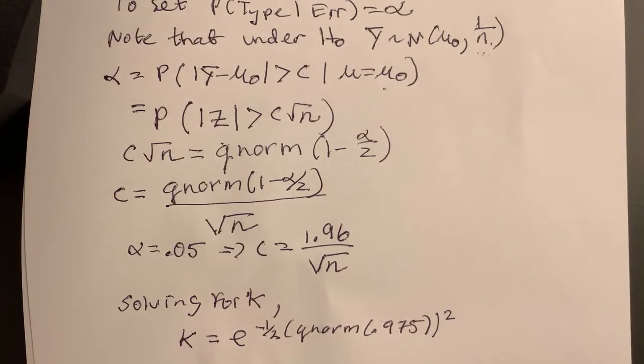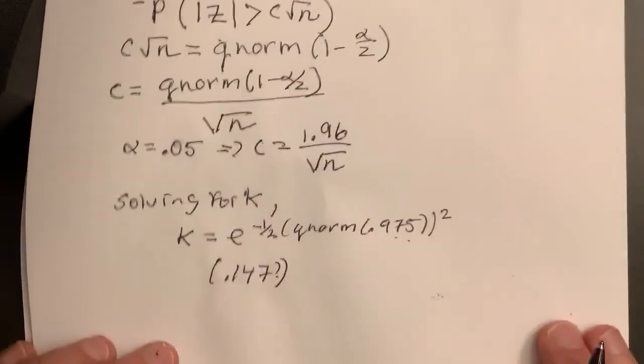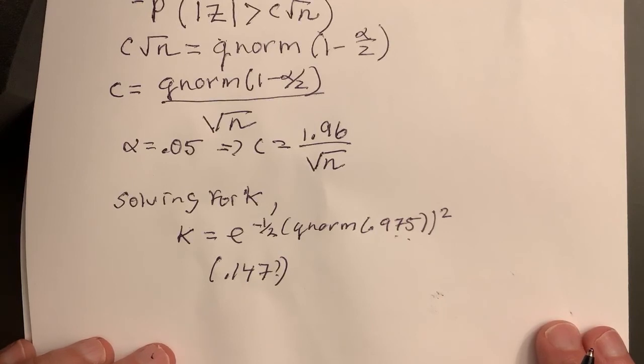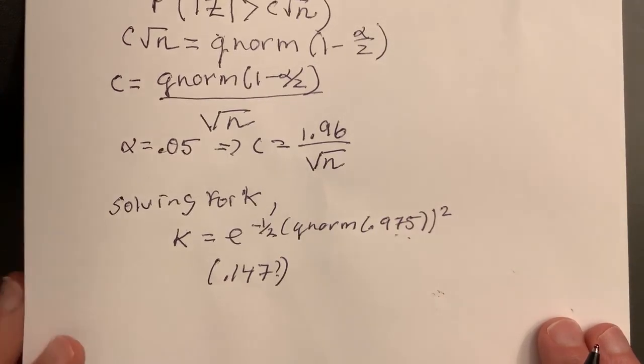I'm a little worried I didn't put the right thing in here, so I'll just leave it here. This is what you should get for k. I think I got 0.147 or something like that. Okay, all right, but anyway, that's the idea. Okay, thanks.